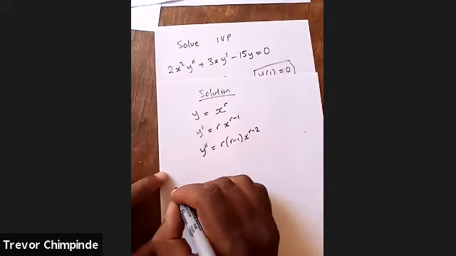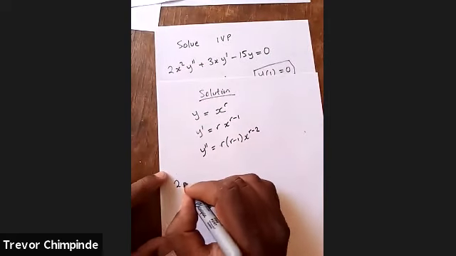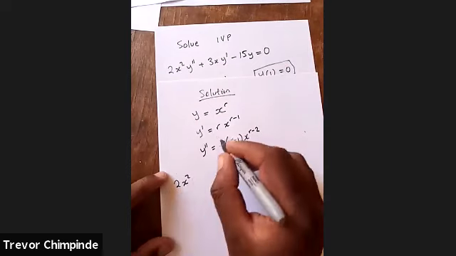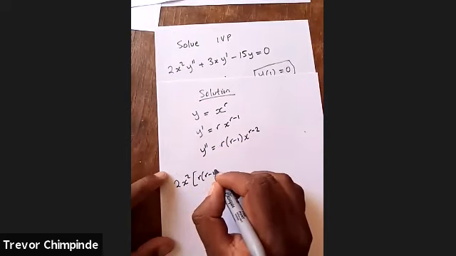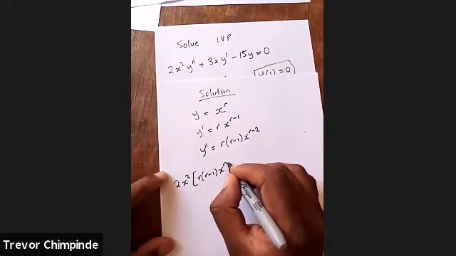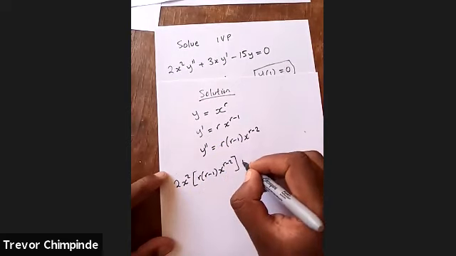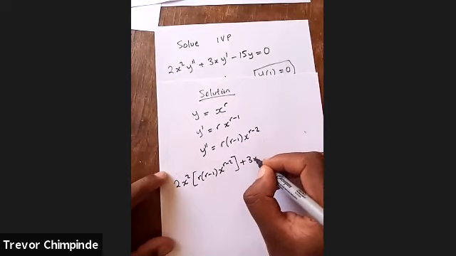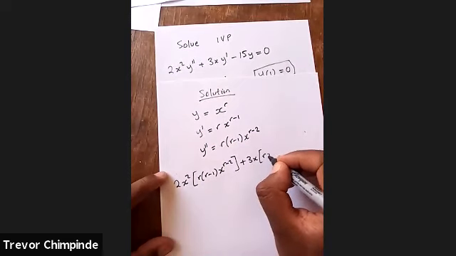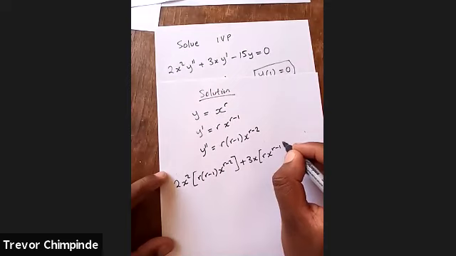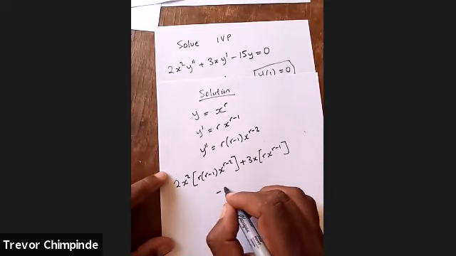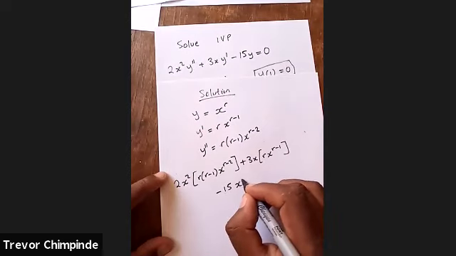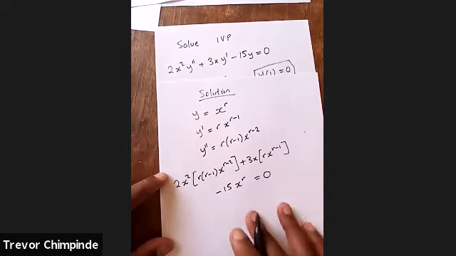What do you get? You have 2x squared times r(r minus 1) x to the r minus 2, plus 3x times r x to the r minus 1, minus 15 x to the r is equal to 0.